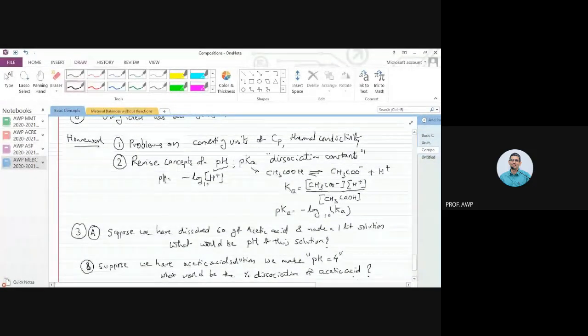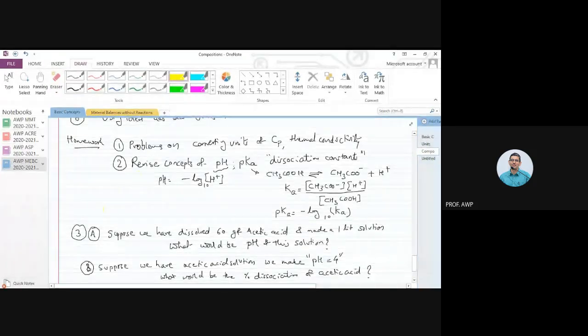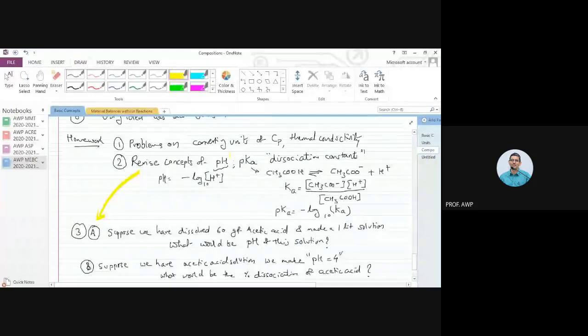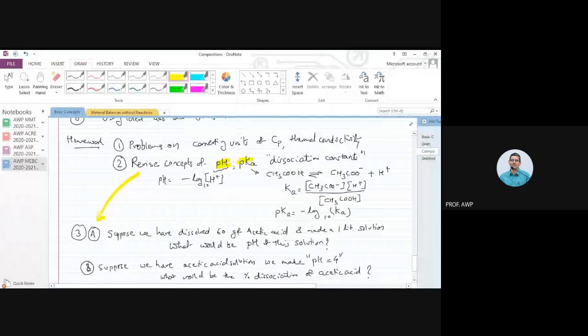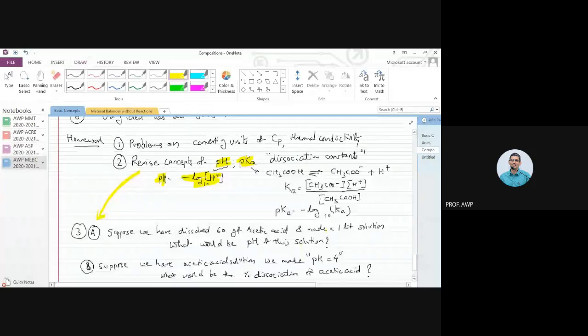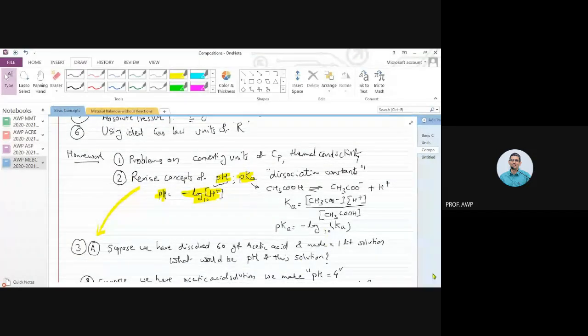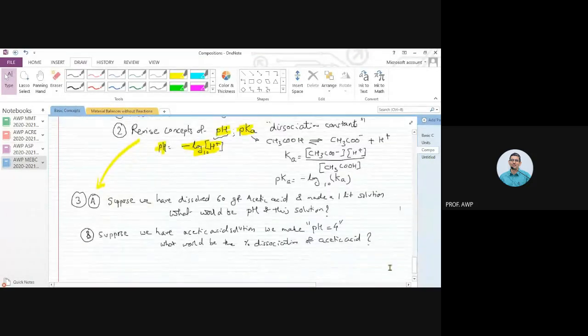So do these two problems just so that automatically you will be able to revise your concepts of pH, pKa and so on. Okay. You can refer to your 12th standard books, internet, whatever you want to refer to, but solve these two problems.